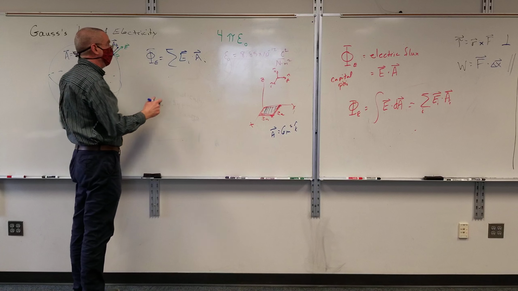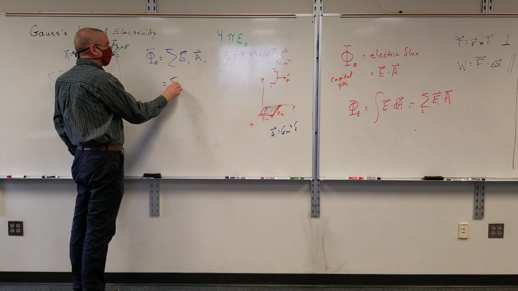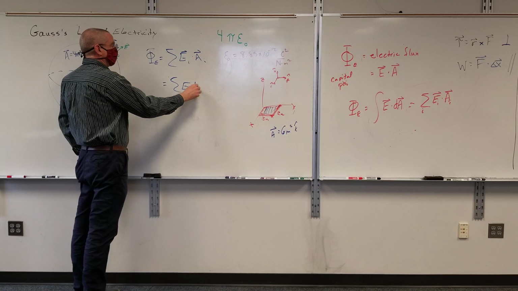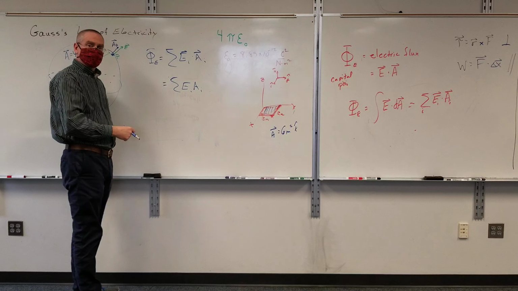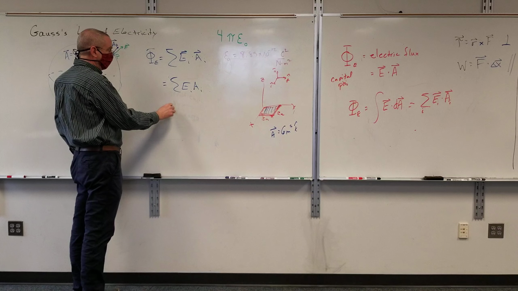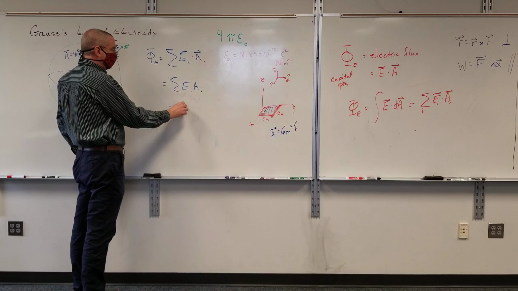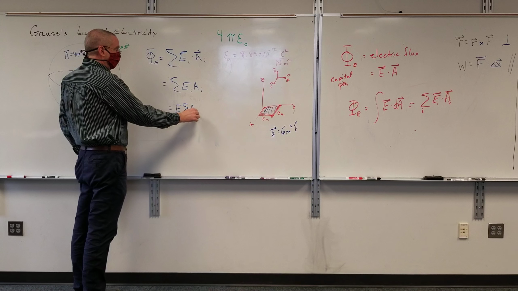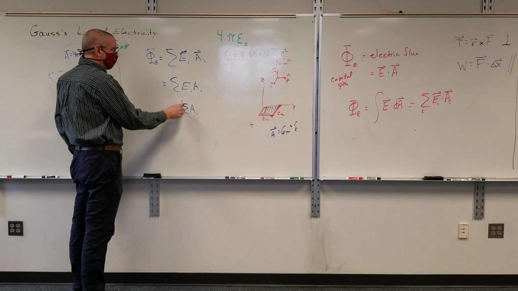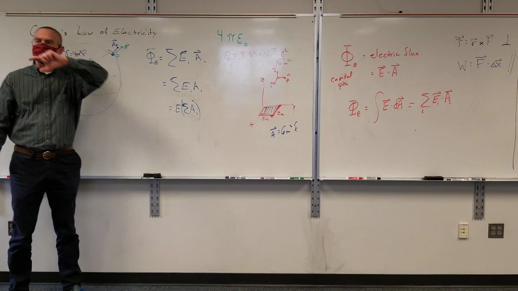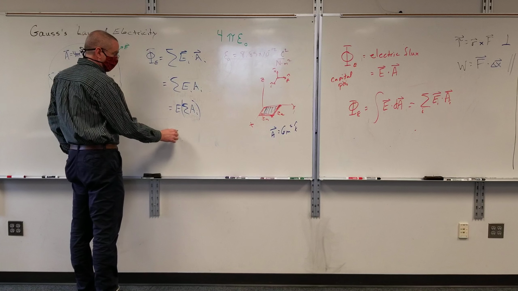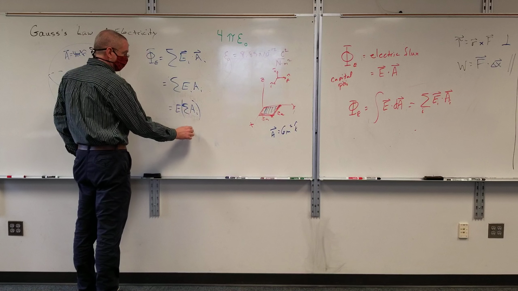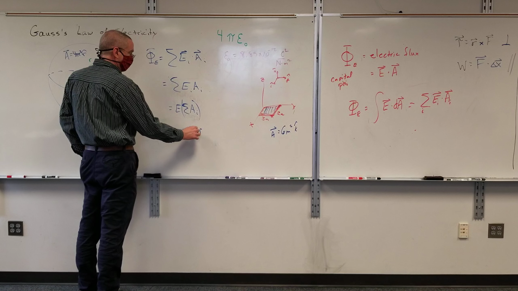And so this just becomes the sum of E_i, A_i. My electric field is the same magnitude everywhere, so I can factor that out. And this is just the sum of all those tiny little areas, which is just the surface area of the sphere. So this becomes E times 4 pi r squared.